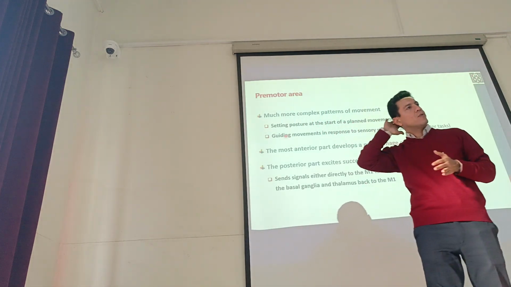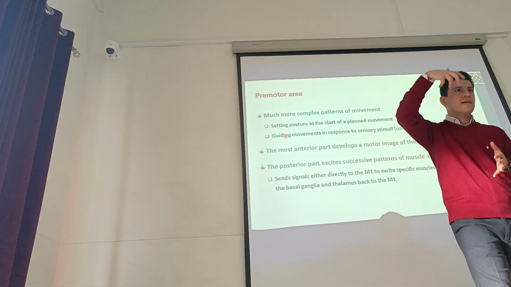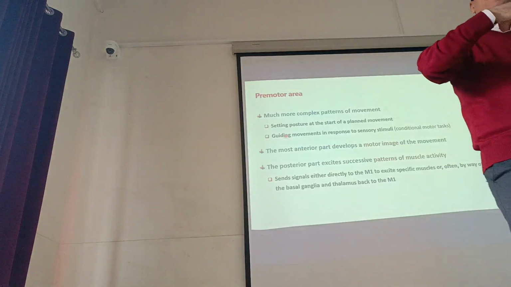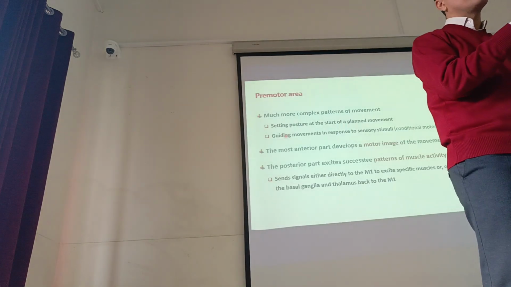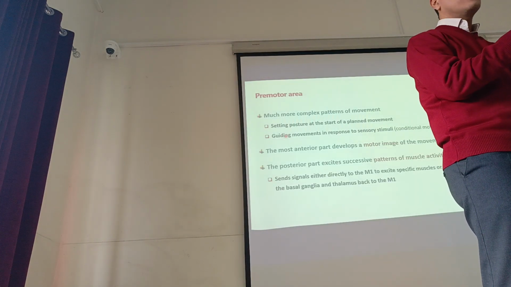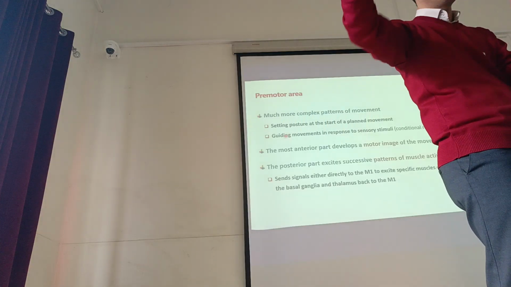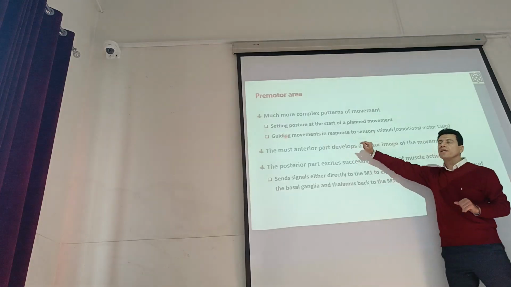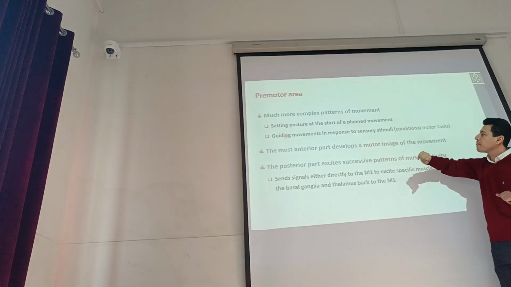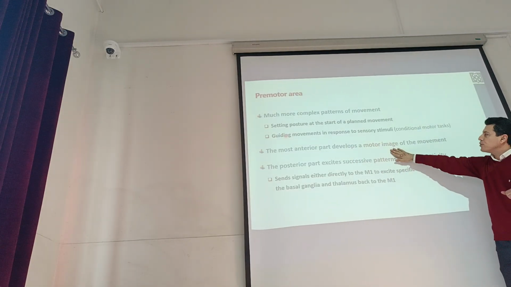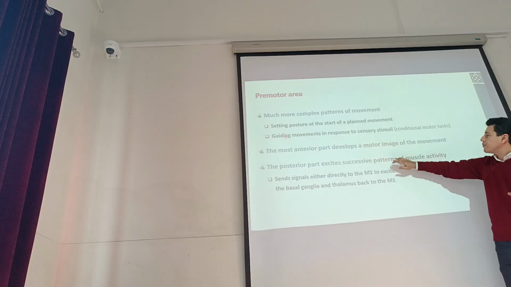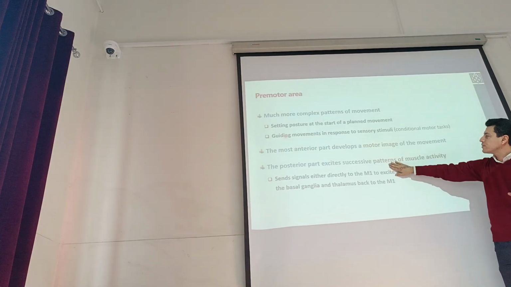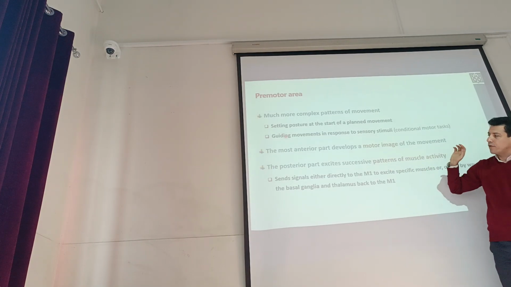So from visual cortex, signals reach here, premotor region guides movement to going, for example, to the right, not to the left, right? So this is a function of premotor area. So it makes a motor image for planning, and the motor image goes to the primary motor cortex for performance.